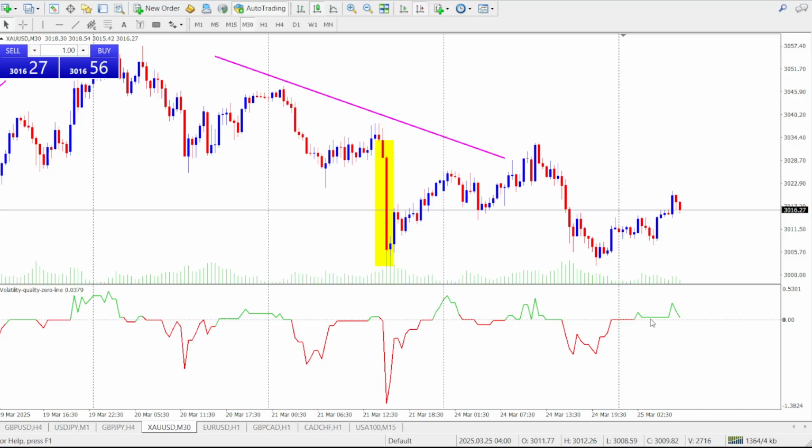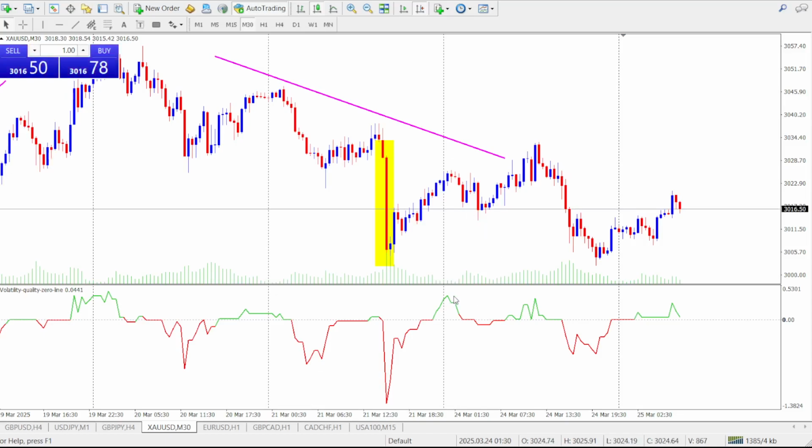Now, one great way to use this indicator is also for stop loss placement. If the indicator switches from bullish, that is green color, to bearish, that is red color, just look at the most recent high before the switch and place a stop loss above it.